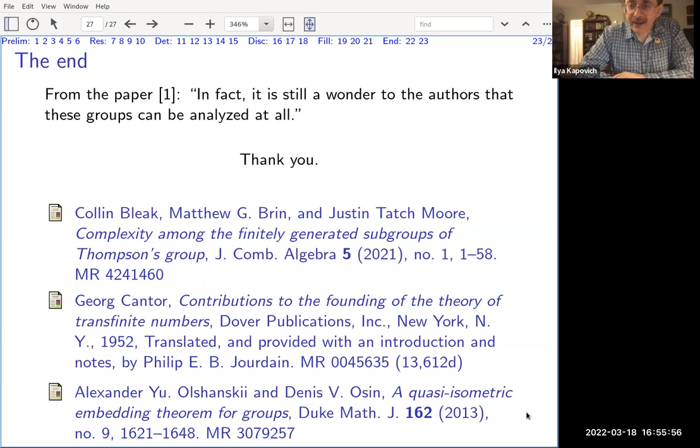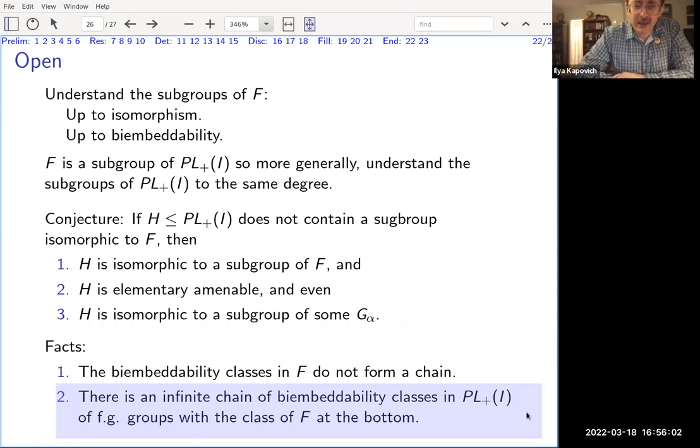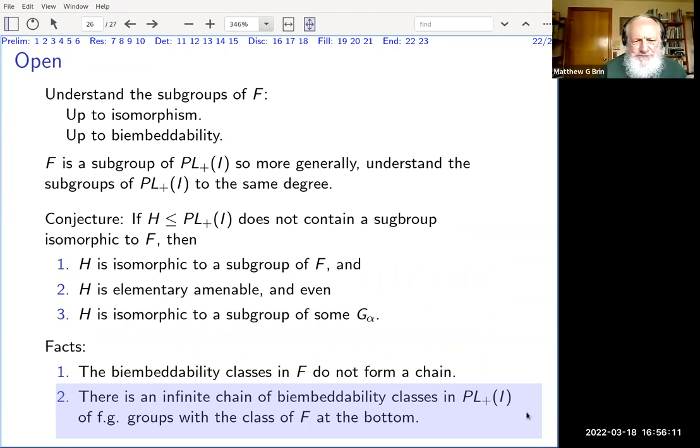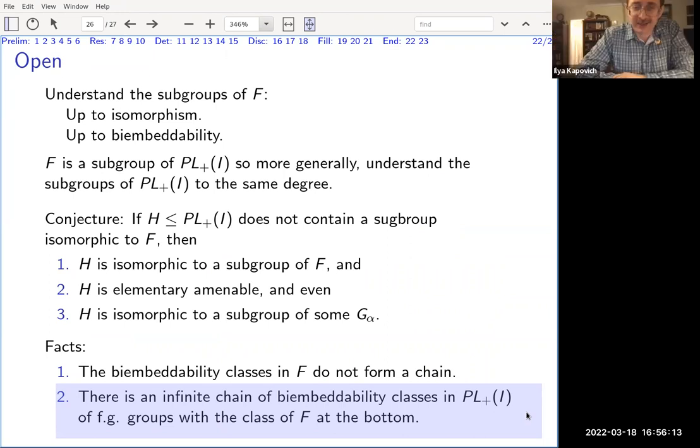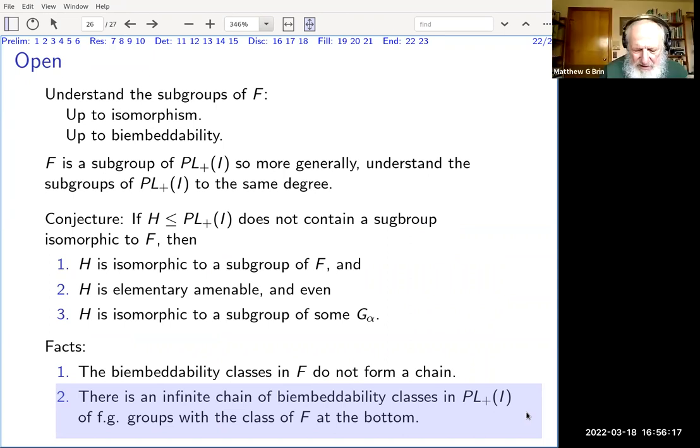So I had actually a couple of questions. This conjecture from your previous slide, could you show it again? So H here is not required to be finitely generated. It's just any subgroup. I'm trying to understand the level of generality of this conjecture, I'm trying to think if it makes much of a difference. At the moment, I can't believe it makes much of a difference.